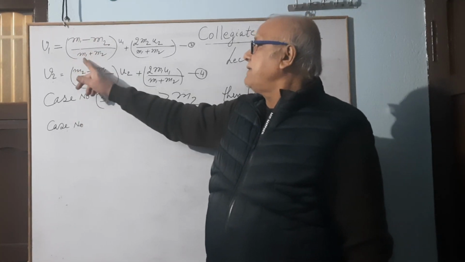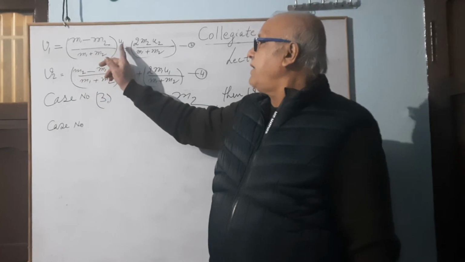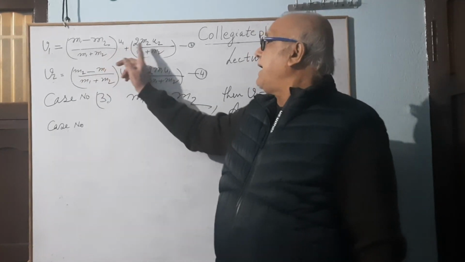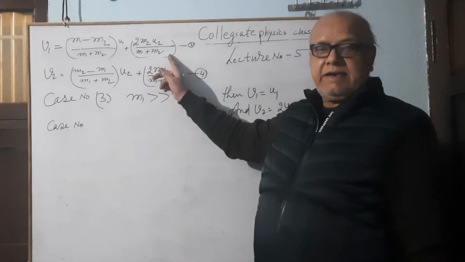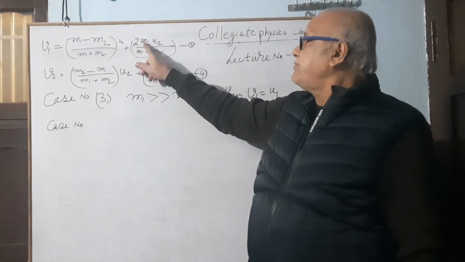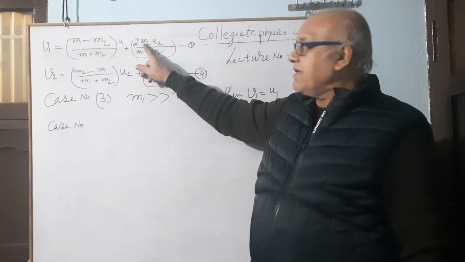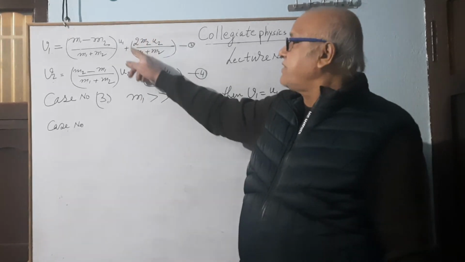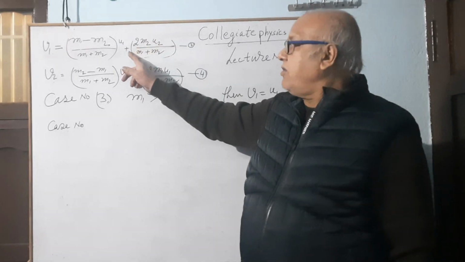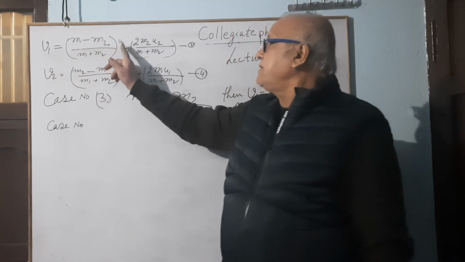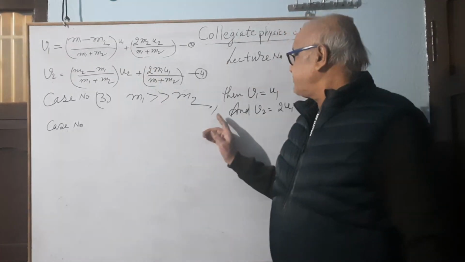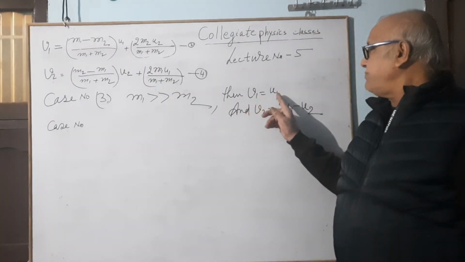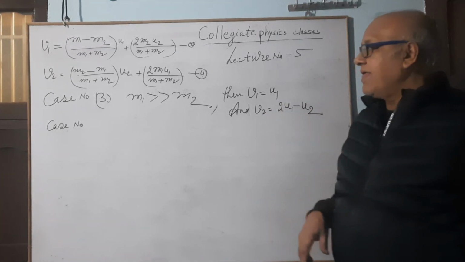So m1 by m1 will be equal to 1 and this term will be negligibly small because m2 is very small and m1 is very large. So v1 will be equal to u1.